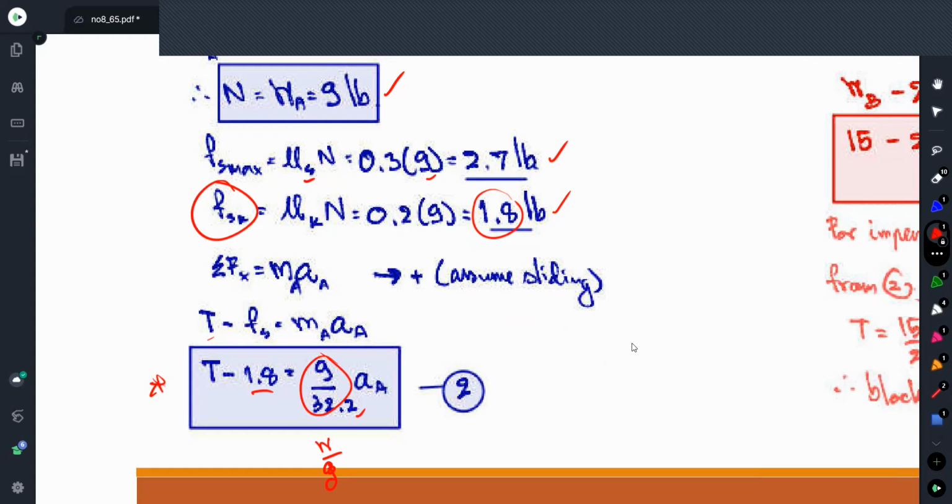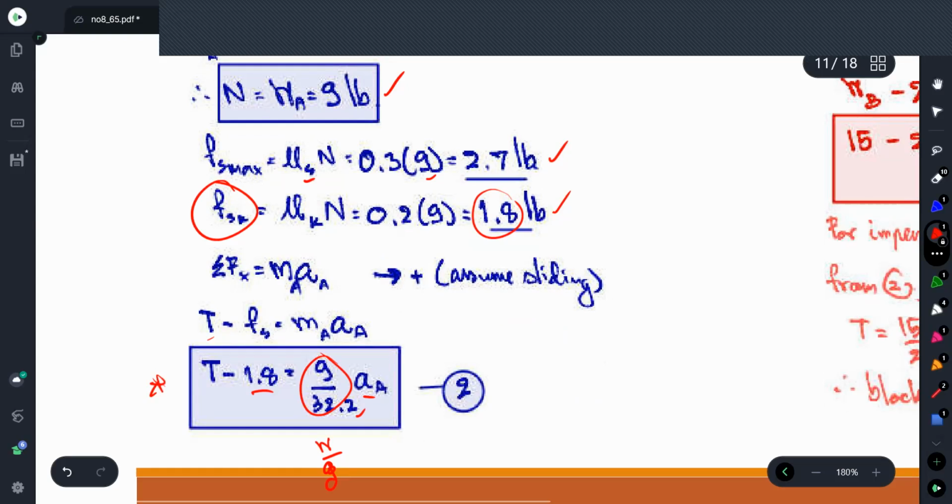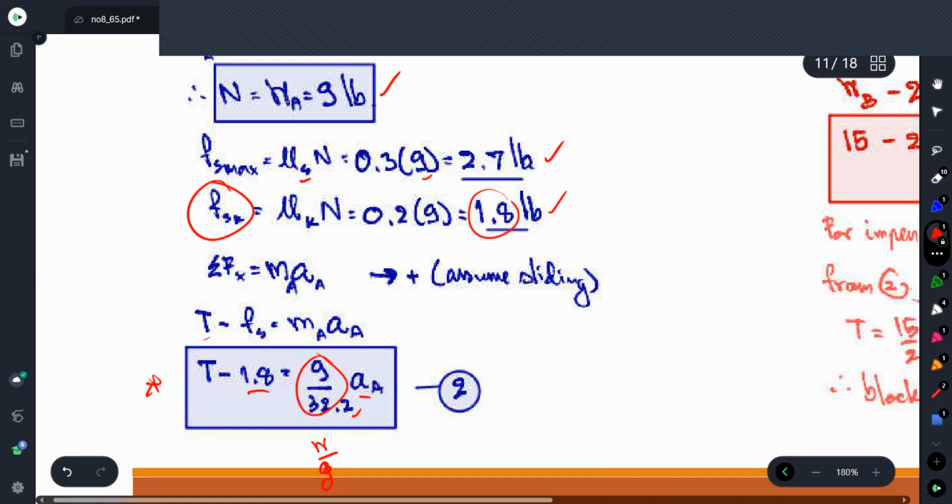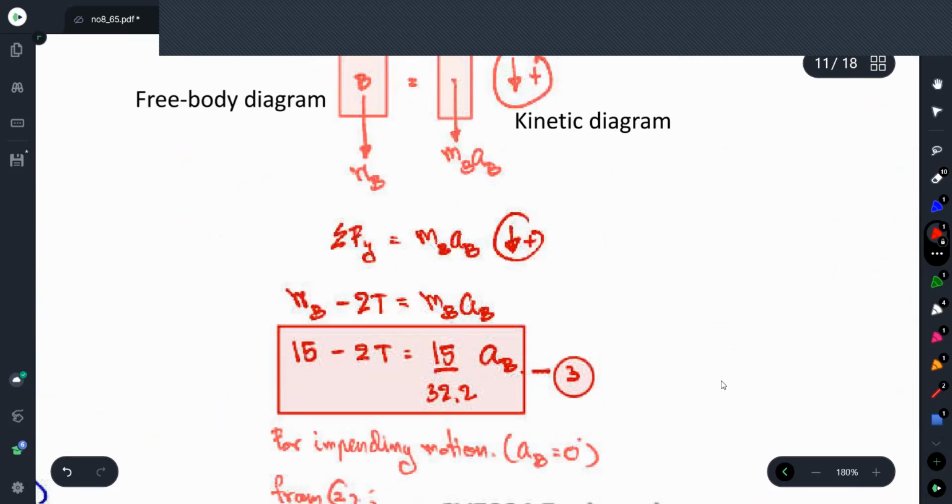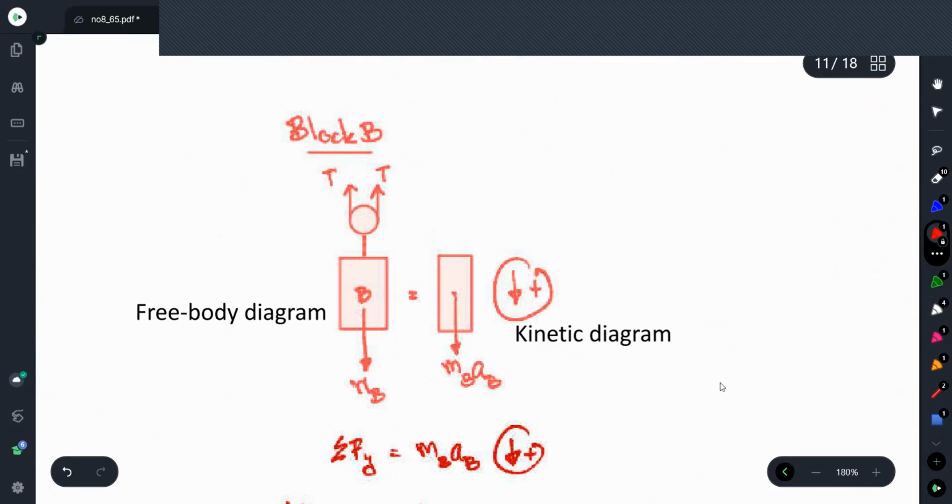The acceleration of A is unknown, so now we cannot solve for a_A and T. We require an additional equation to solve these two unknowns. So we consider the free body diagram of block B.